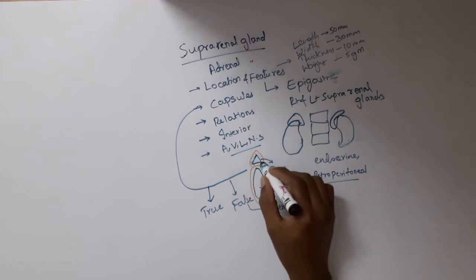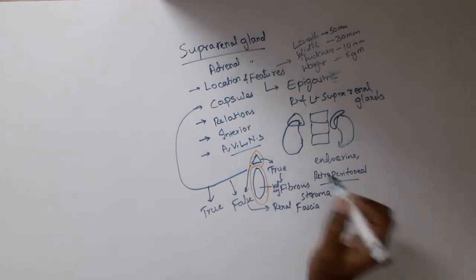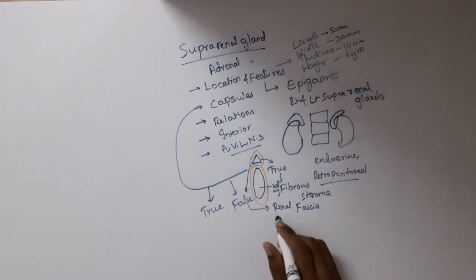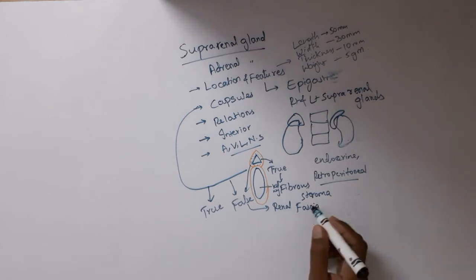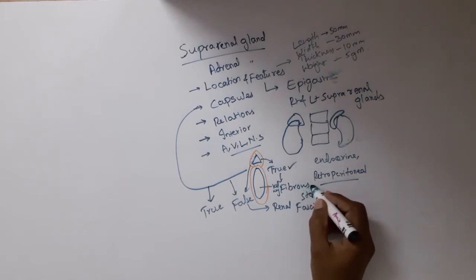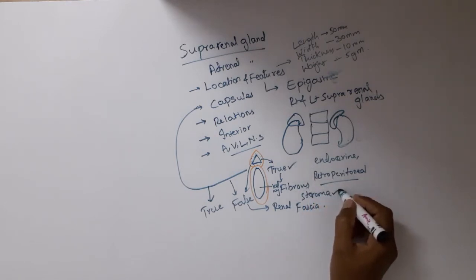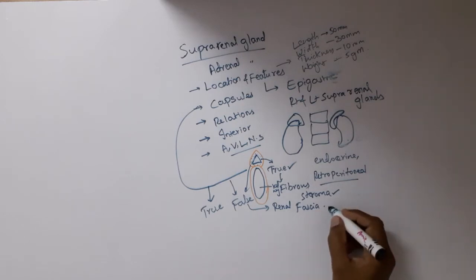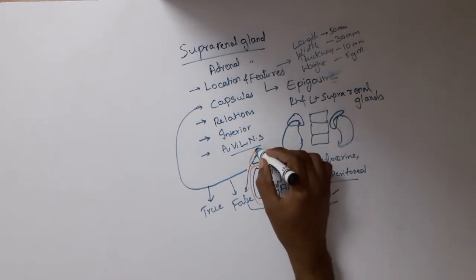So that is the false capsule, which is a modification of the renal fascia. So that is the capsules. What are the true capsule and false capsule? The true capsule is a modification of the fibrous stroma, and the false capsule is a modification of the renal fascia.